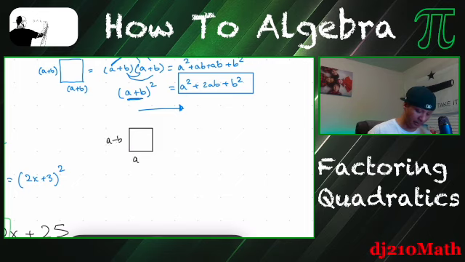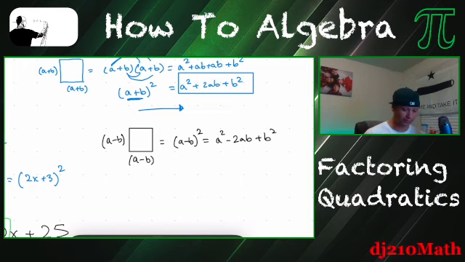But a minus b and a minus b is a thing also. So this is going to be the area, a minus b squared. So if you can recognize this, this is going to be a squared minus 2ab plus b squared.